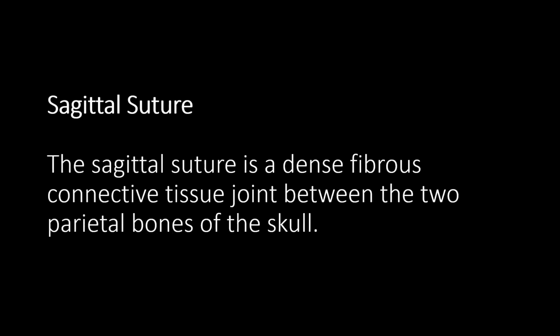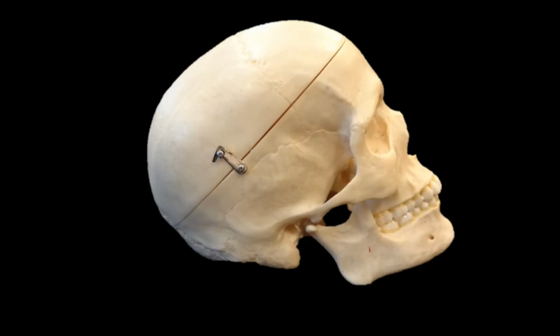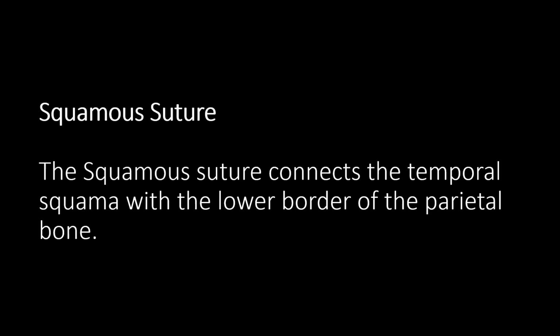The sagittal suture is a dense, fibrous connective tissue joint between the two parietal bones of the skull. Name this anatomical area. Squamous suture. The squamous suture connects the temporal squama with the lower border of the parietal bone.